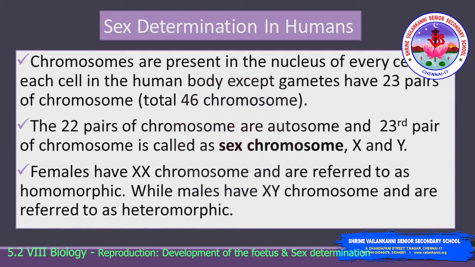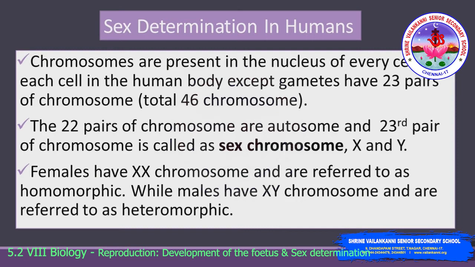Now we shall study sex determination in humans. Chromosomes are present in the nucleus of every cell. Each cell in the human body except the gametes has 23 pairs of chromosomes, which is 46 chromosomes in total. The 22 pairs of chromosomes are called autosomes, and the 23rd pair is called the sex chromosome.